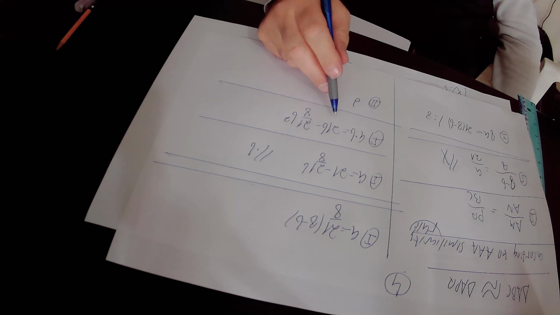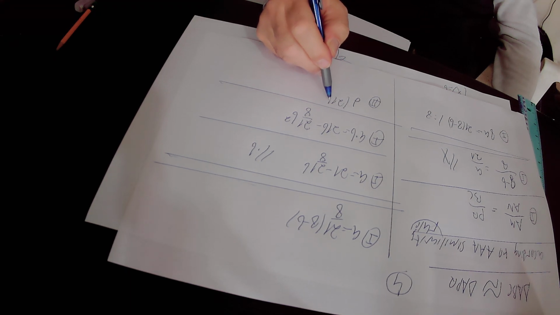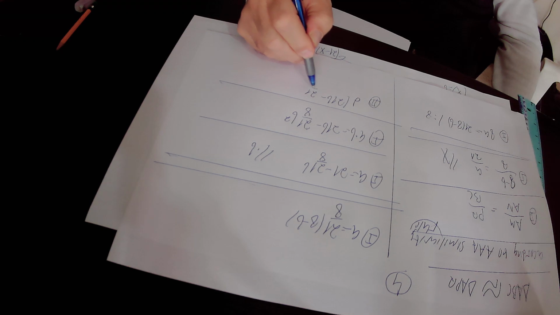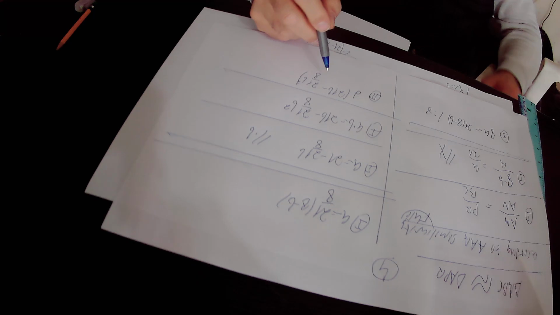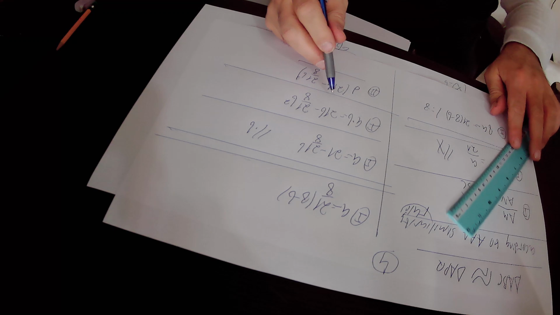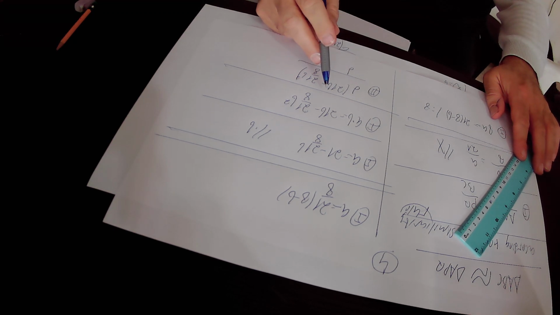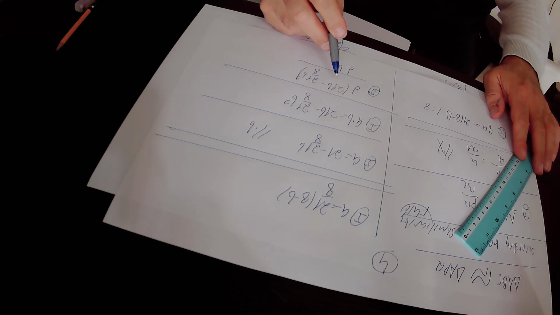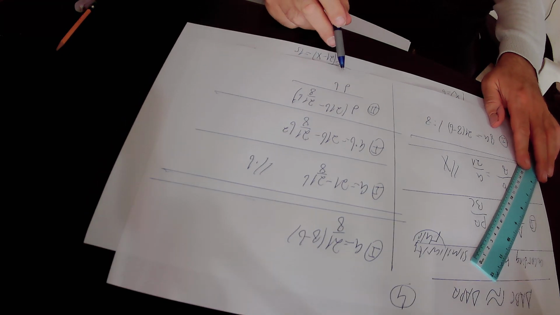So we take the derivative of 21b minus 21 over 8 b squared, and we differentiate this function according to the variable b.